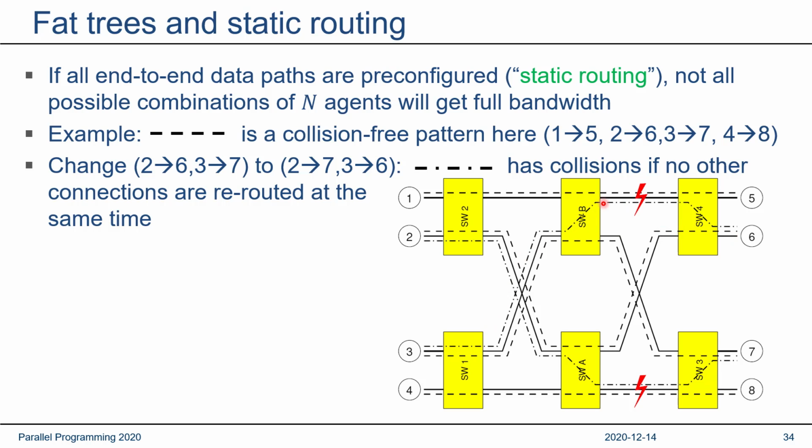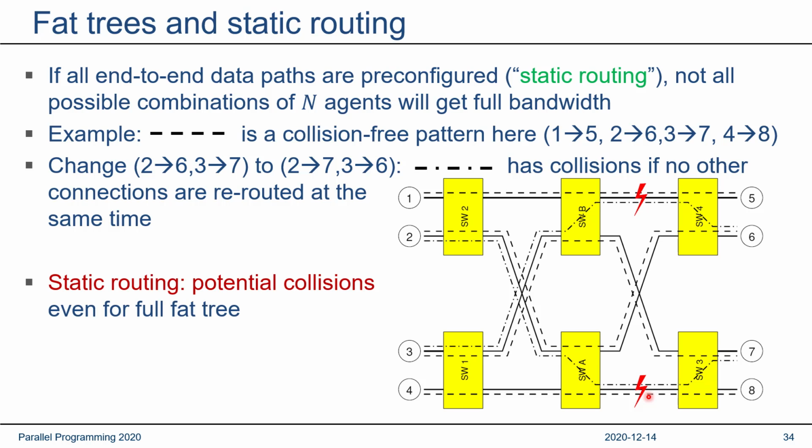Now this means, using the available wire connections, that we have oversubscription on these two wires. So what is the consequence? There are communication patterns, even on a fully non-blocking fat tree switch hierarchy, that lead to contention, to oversubscription of wires, while other wires are not utilized at all.